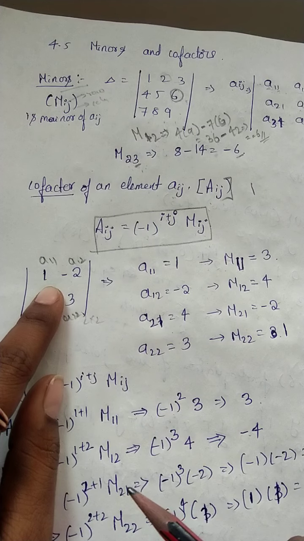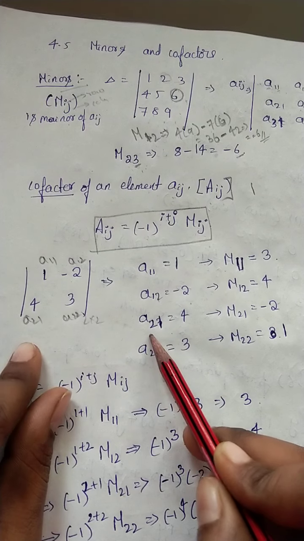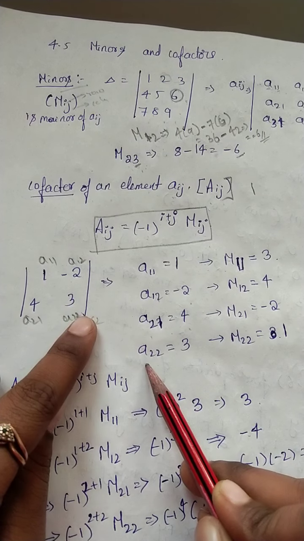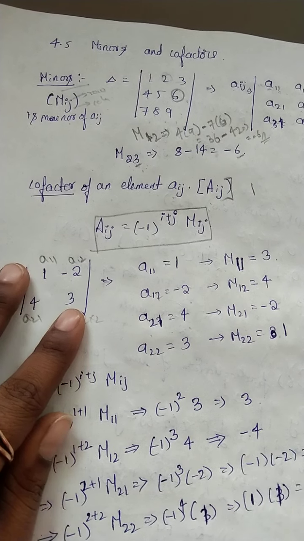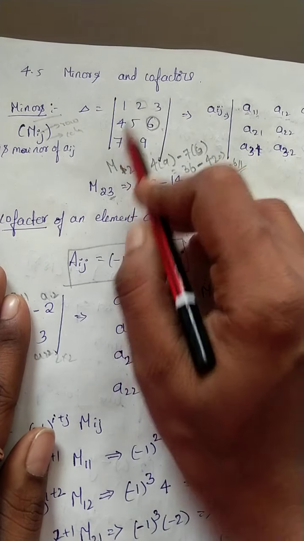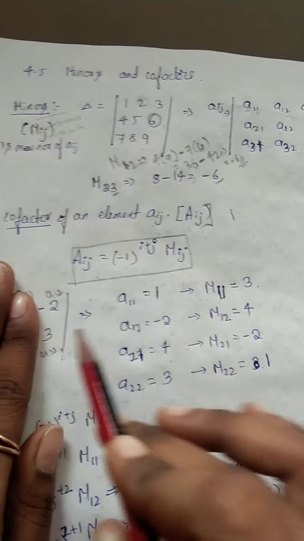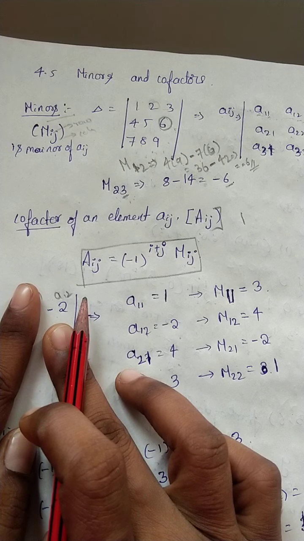A11 value is 1, A12 value is minus 2, A21 value is 4 and A22 value is 3. That's what I have written here. So how to calculate the minor? Eliminating that row and that column, then cross multiply, right? The same way here, just eliminate that row and that column, and you will get the left out value.